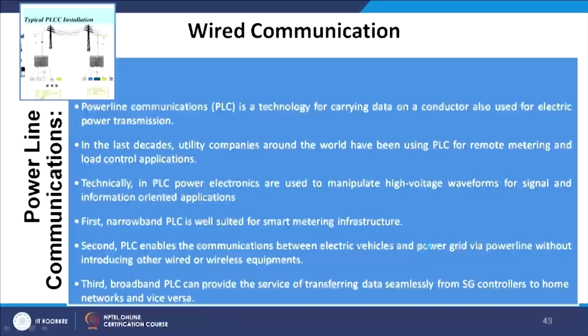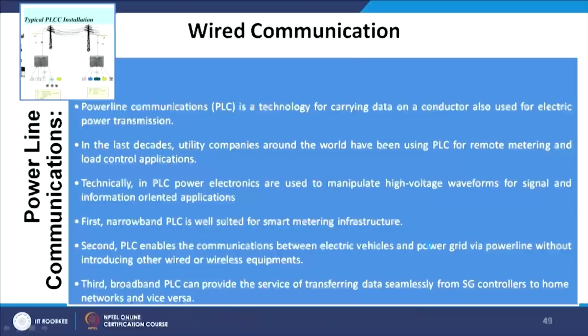So, even though it is a wired communication technology, narrowband PLC is well suited for smart metering infrastructure. Very important, dear listeners. Smart metering infrastructure is well suited for the wired communication based on PLC, and certainly we look forward to a huge PLC infrastructure for our future smart grids.